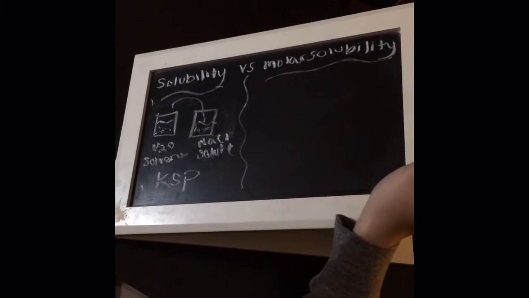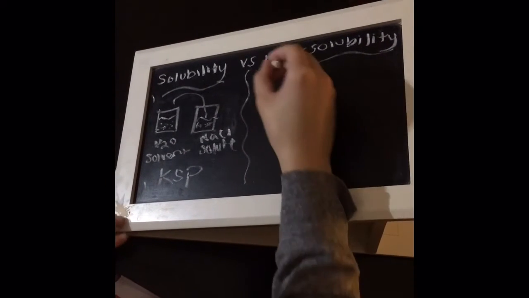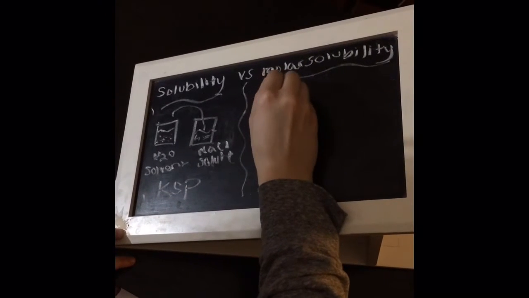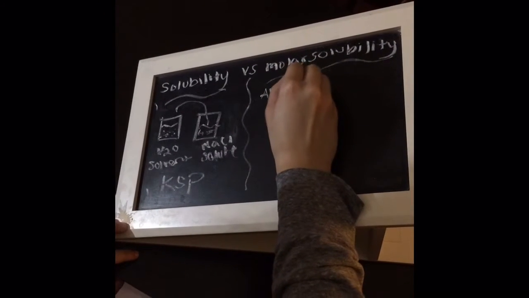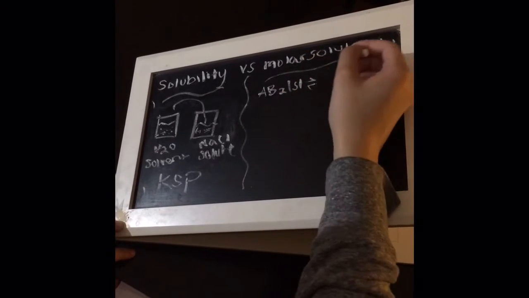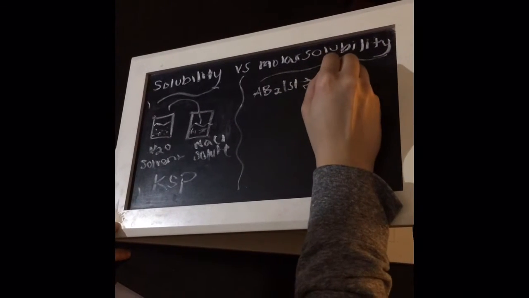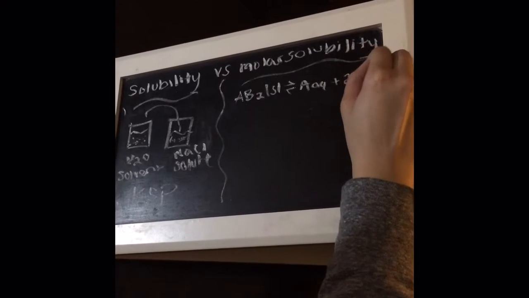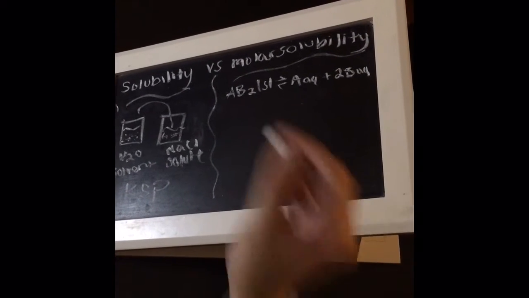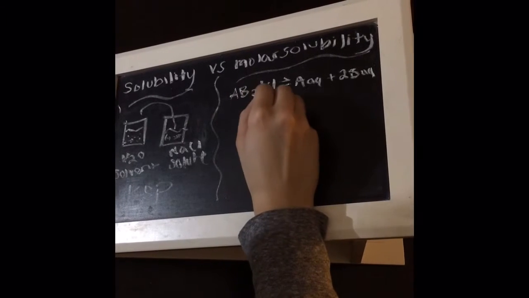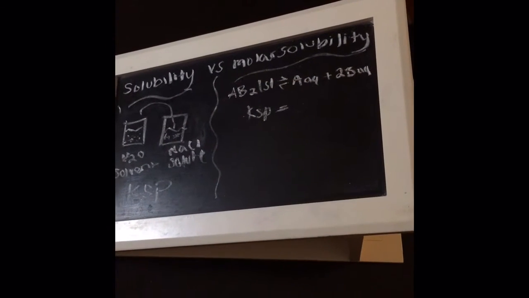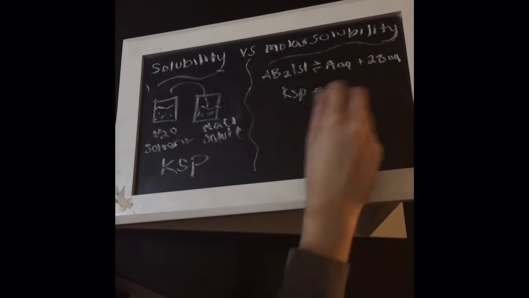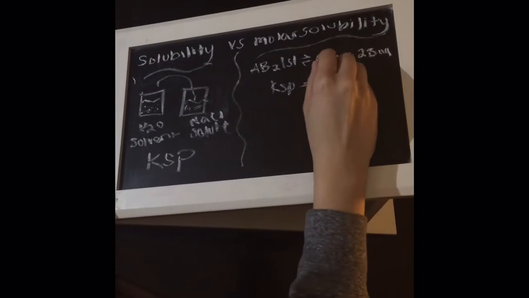And the way to solve for molar solubility is, for example, if you're given the following equation, AB2 solid goes to A aqueous plus 2B aqueous, and you're given your KSP, then you can just simply write your equilibrium expression. Since AB2 is a solid, it's not included in the expression.